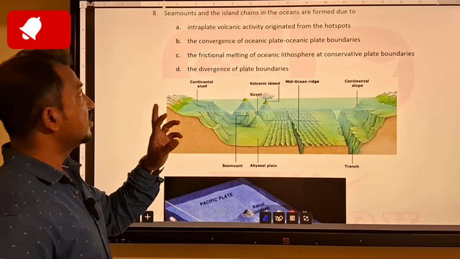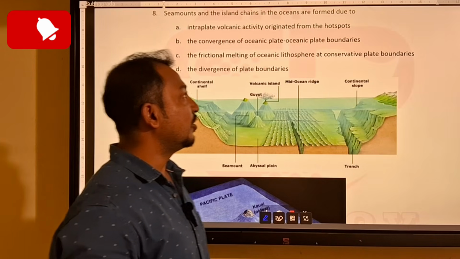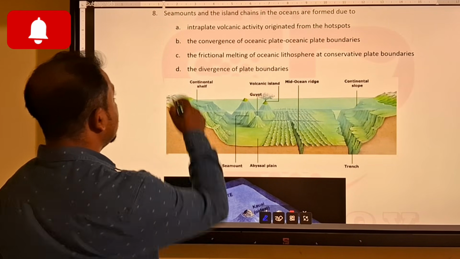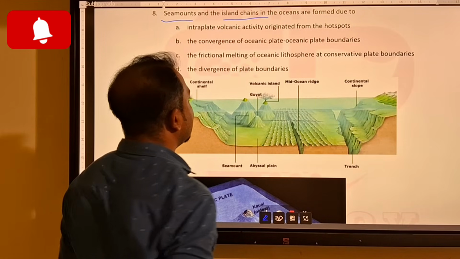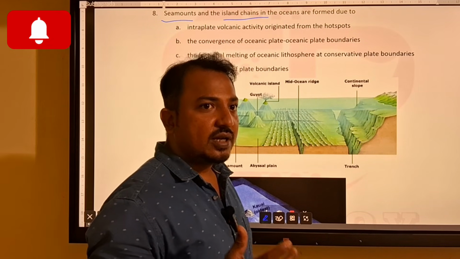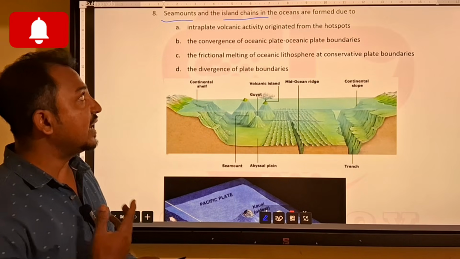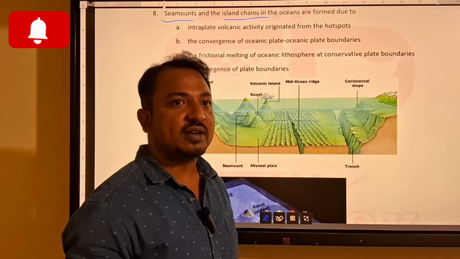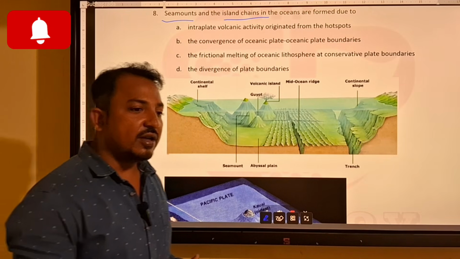Let's come to seamounts and island chains in the oceans, which are formed due to what? So what are seamounts and island chains? Island chains are interconnected chains produced when a plate passes over a hotspot.